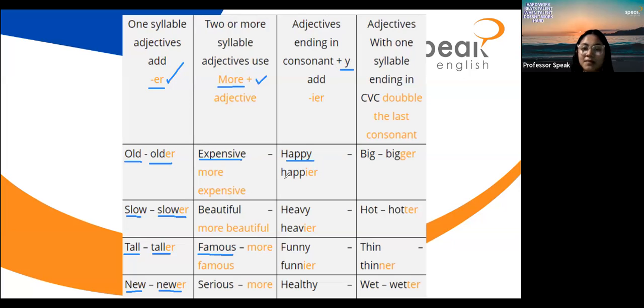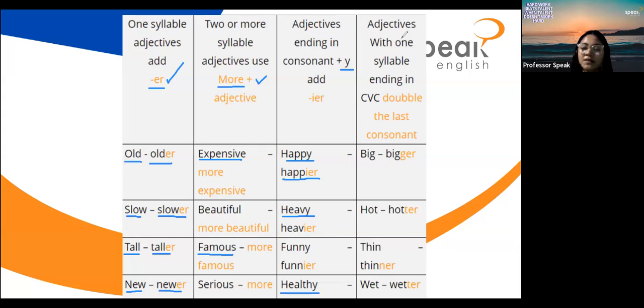So happy becomes happier. And if you notice, the pronunciation also changes. Happy, happier. Heavy, heavier. Funny, funnier. And healthy, healthier. Okay, the one that we saw before. Let's continue with the last rule.